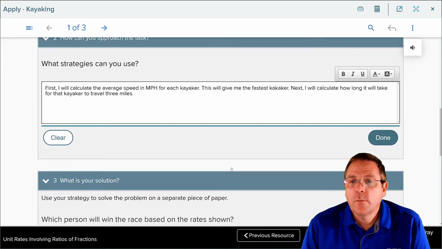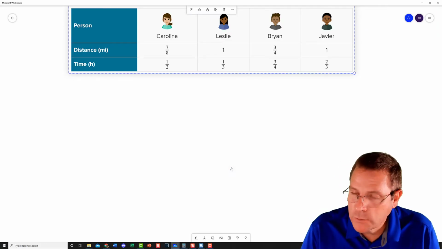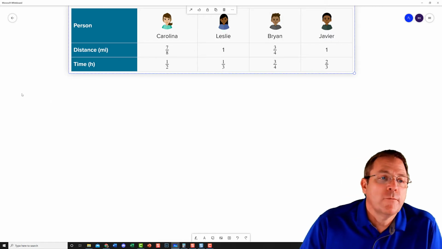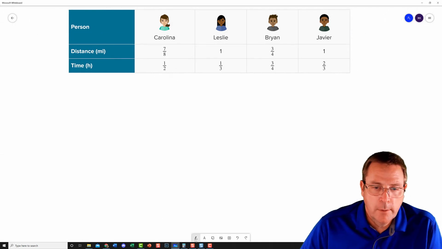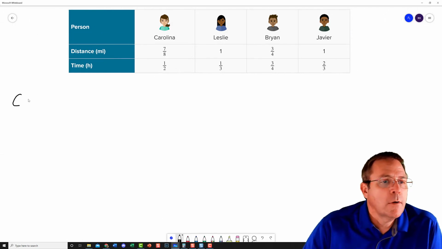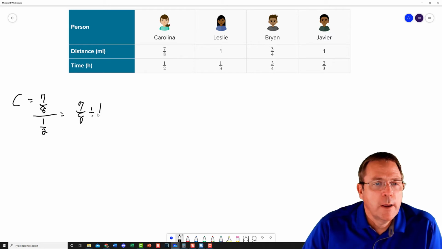So from there, we're going to jump over to our scratch pad and start working on it. The first one is going to be Caroline. Caroline is going to equal 7/8 divided by 1/2, which we can rewrite as 7/8 times 2/1.